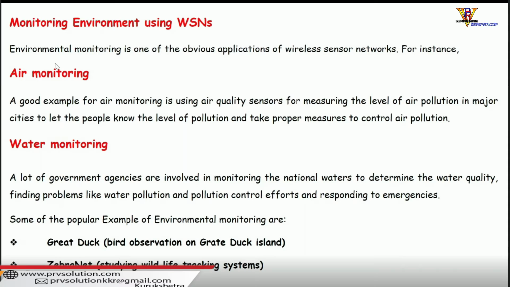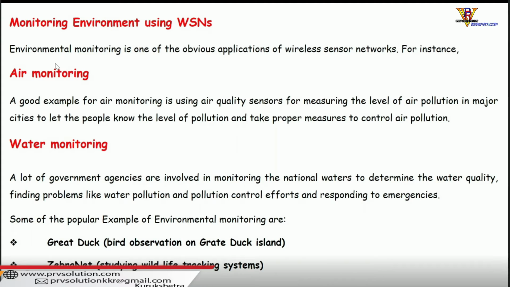A good example for air monitoring is using air quality sensors for measuring the level of air pollution in major cities, to let people know the level of pollution and take proper measures to control it. Nowadays, if you download some application on your phones, you can get the air quality index of a particular city. With the help of air quality monitoring sensors, we can monitor it. In fact, we can read the oxygen level and the other levels present in the air with the help of different sensors.